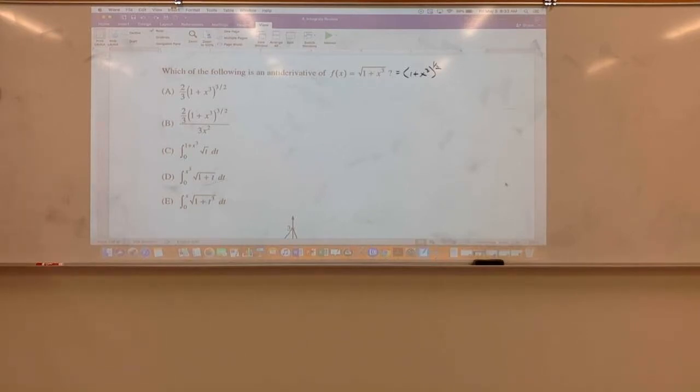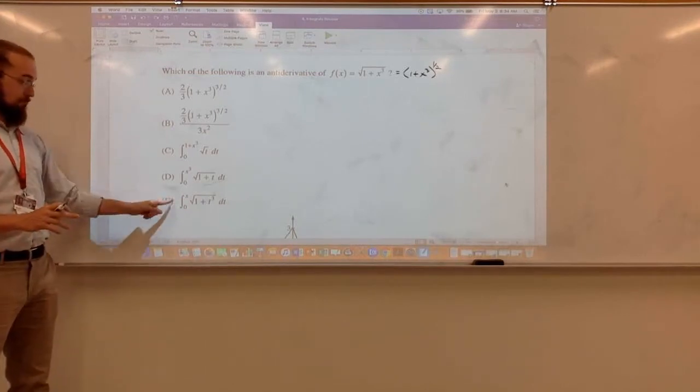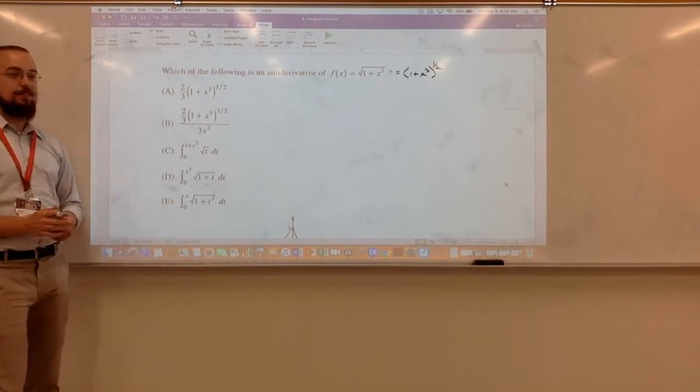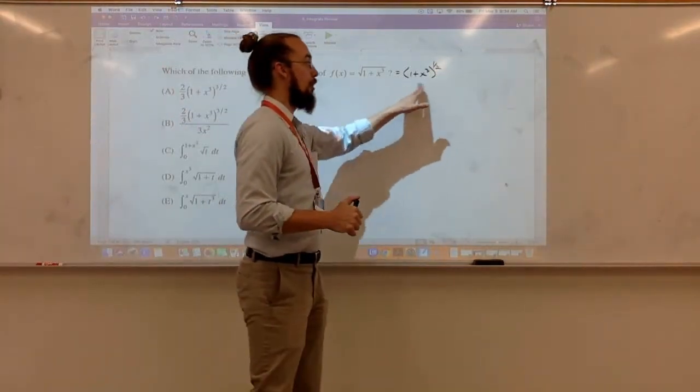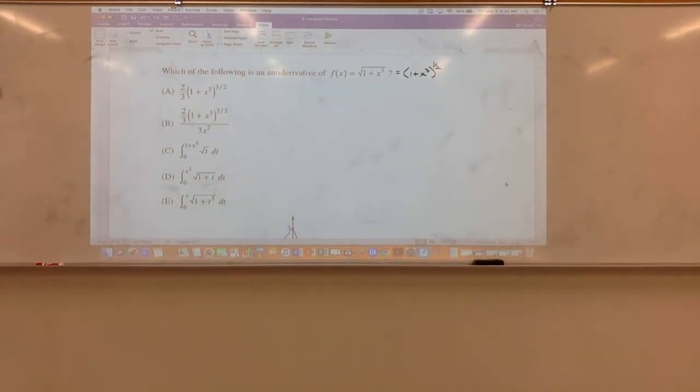The most complex answer choice isn't always the right choice. I mean, this is literally just the antiderivative. But yeah, this is something that we will not learn how to do by hand. That's a Calc 2 idea, to do that by hand.